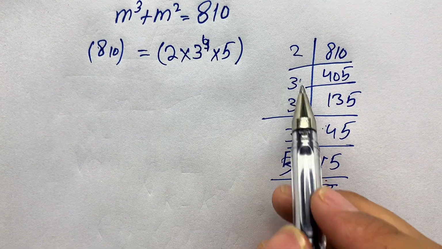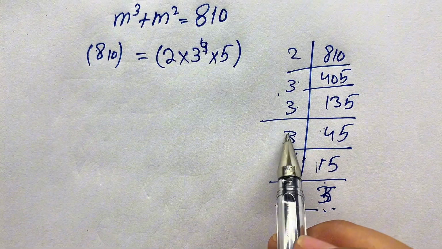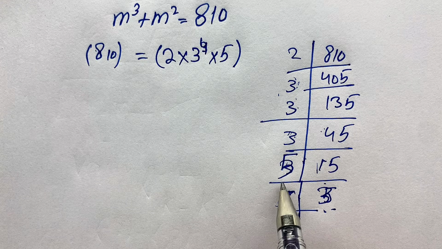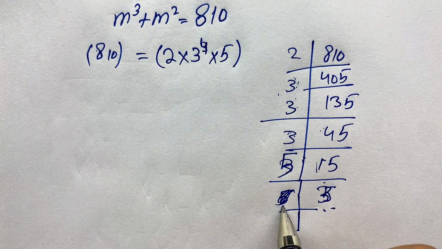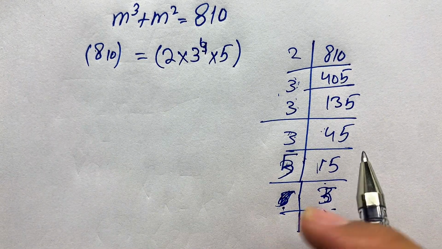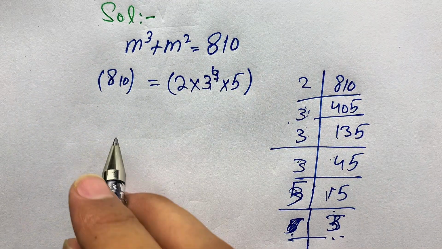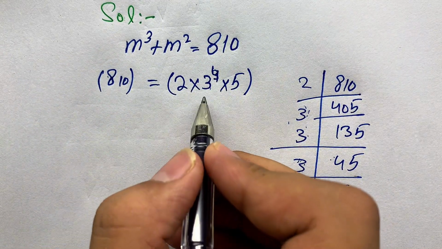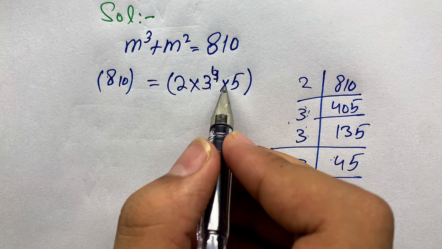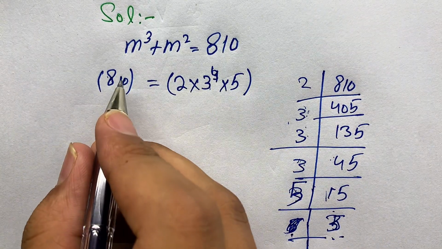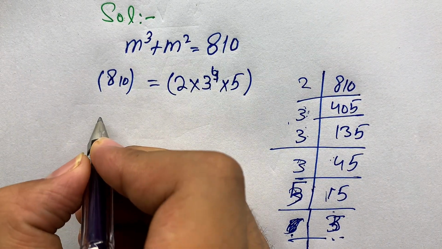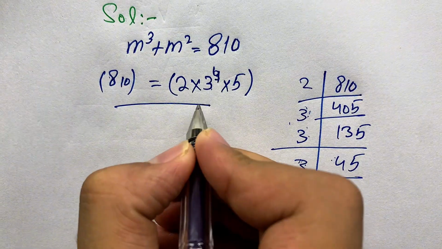Now this 2, 3, 3, 3, and this 5. 3 to the power 4, and this will be 5. Now 3^4 × 5. So this is our value of LCM.